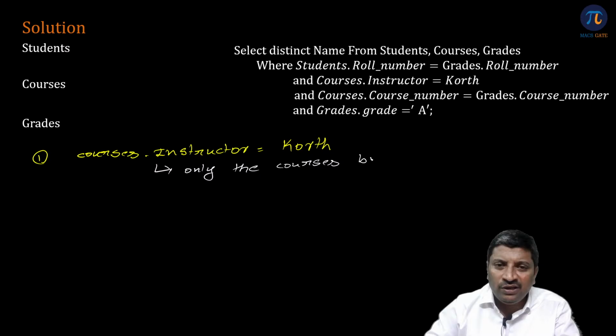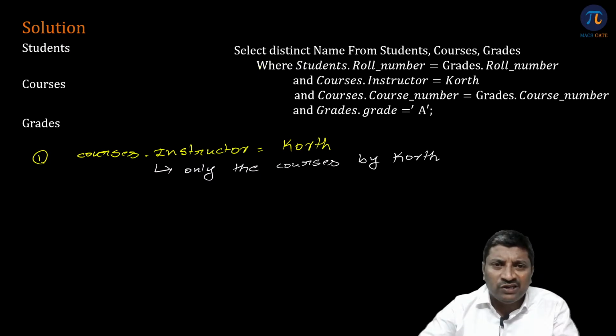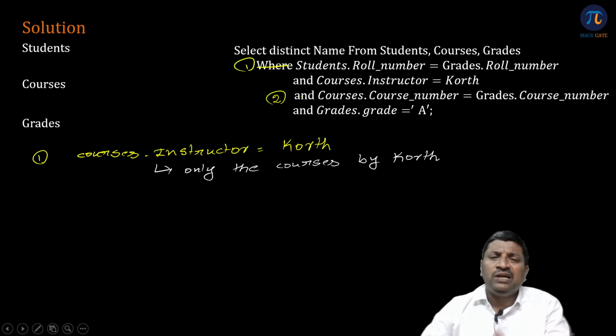Only the courses by that faculty. The next one: the roll number condition and the course number condition are both only to join the records.